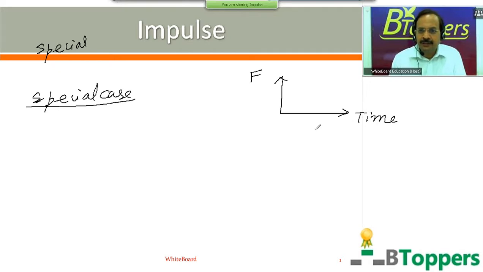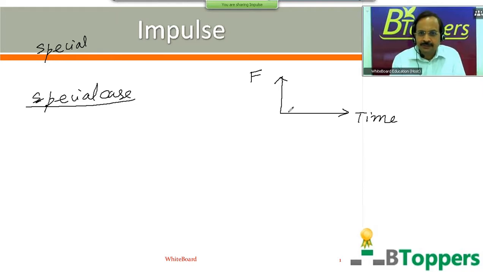Let us consider the graph. Usually we discuss graphs for one-dimensional motion only, the problems we do in mechanics at the 11th class level or for the entrance examinations. So let us consider a body in one-dimensional motion, under the action of an impulsive force for a short time interval.